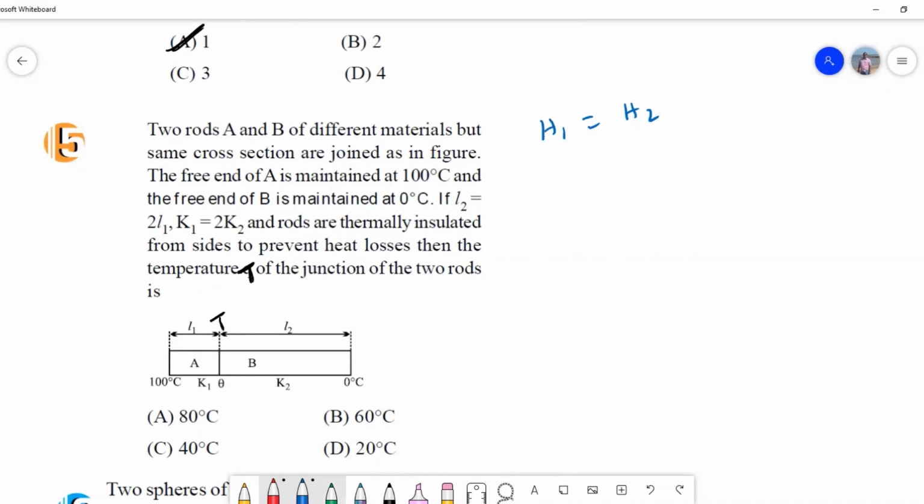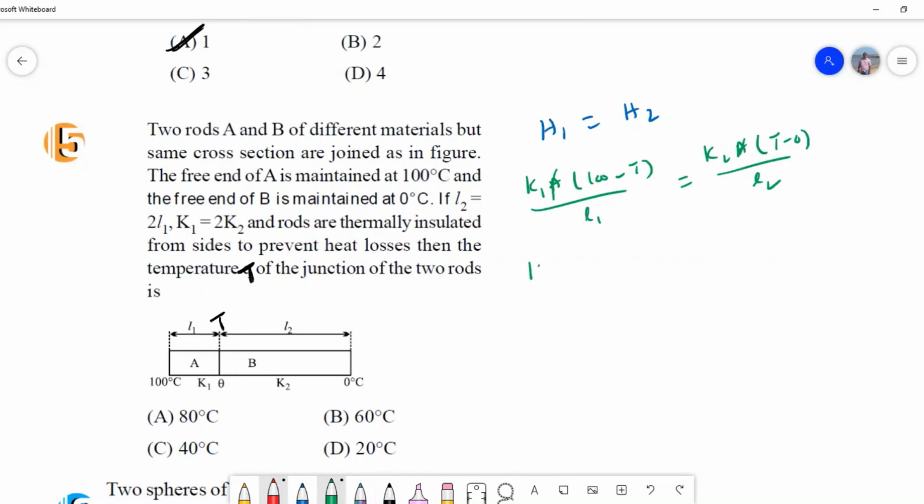For the first rod, K1A into (100 minus T) upon L1 is equal to K2A into (T minus 0) upon L2. But some relations are given. A will cancel.